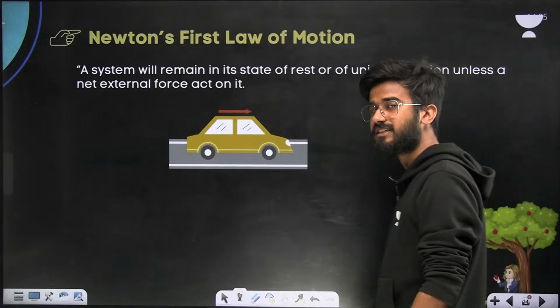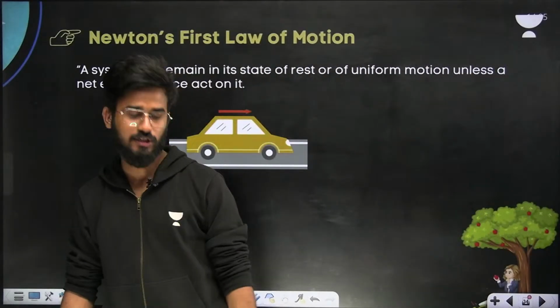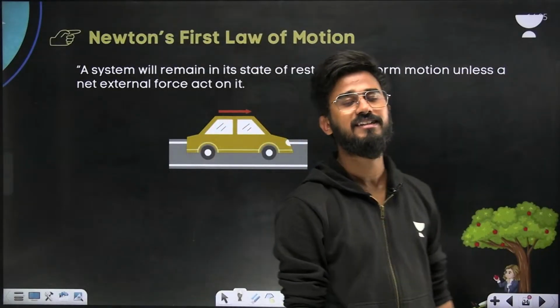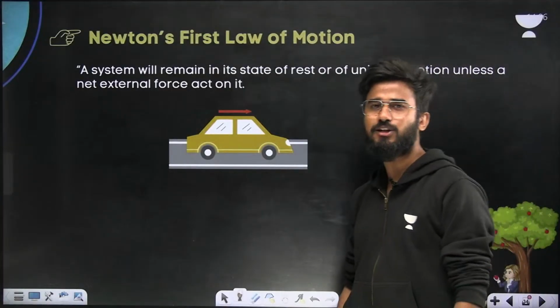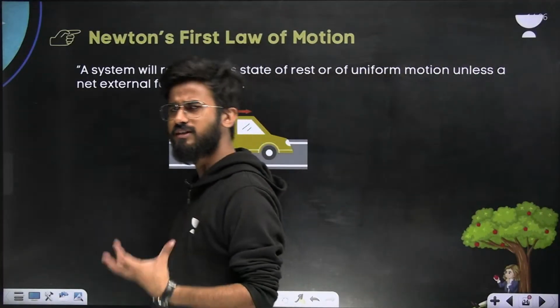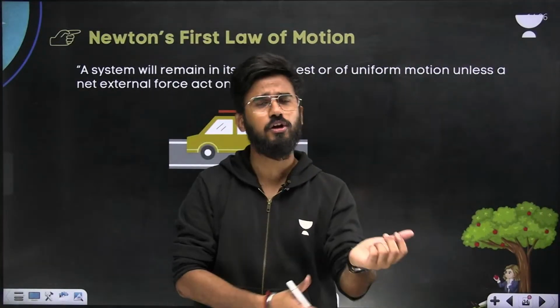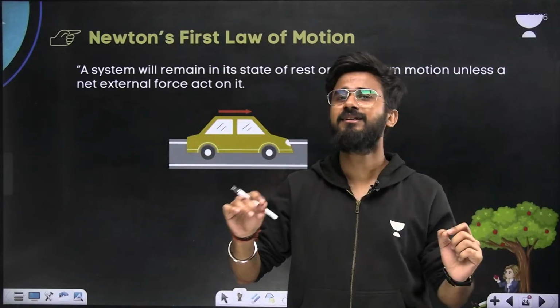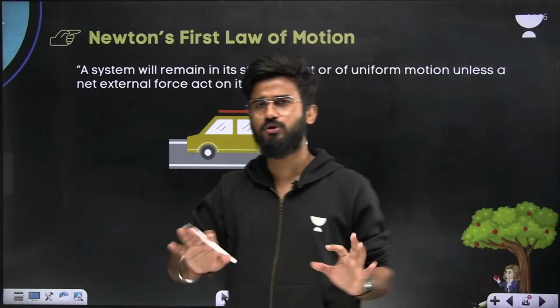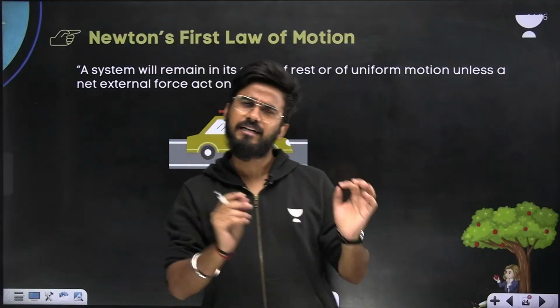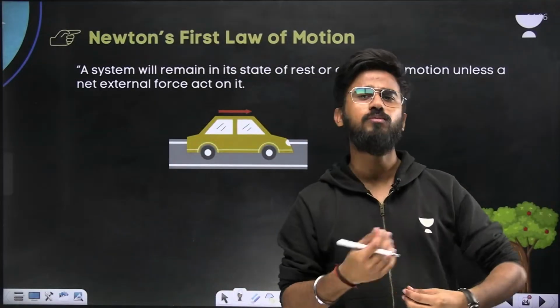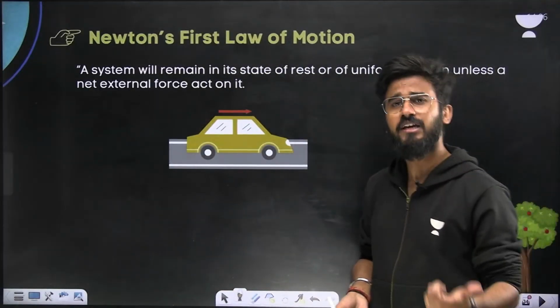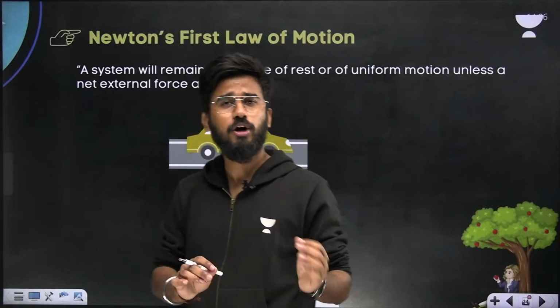Now we'll move on to Newton's first law of motion. We have also learned in our childhood what the first law of motion is. Newton's first law of motion is the law of inertia. We will not spend too much time on explaining it. I'm simply saying that Newton's first law is: if a body is moving, it will keep moving in the particular direction if we do not apply a force.